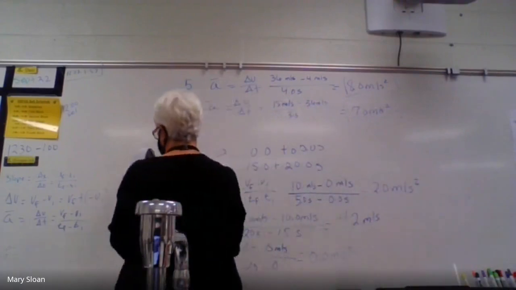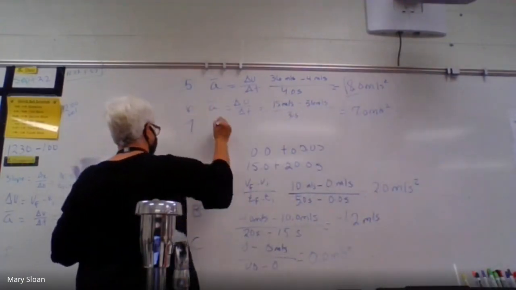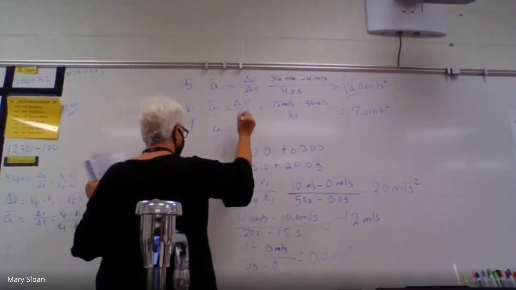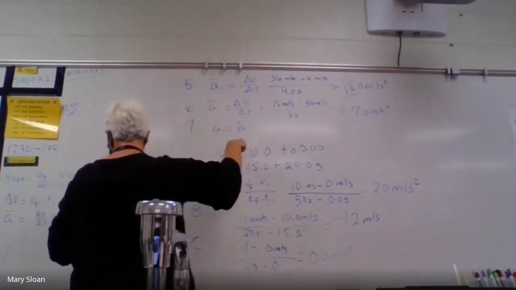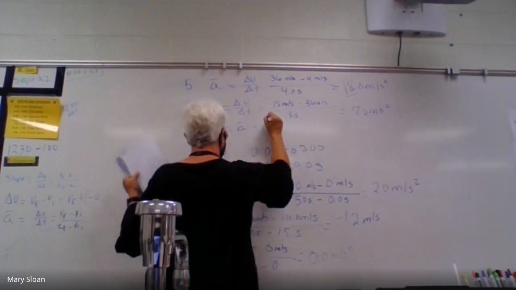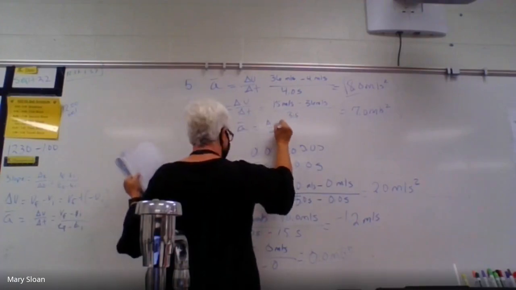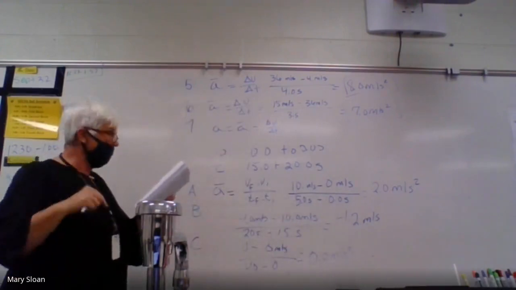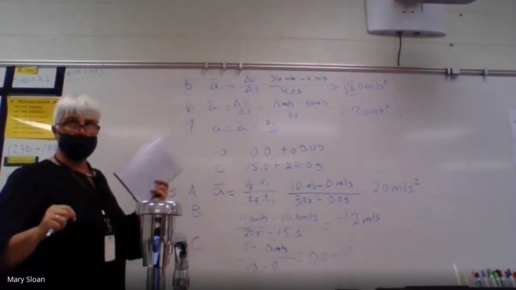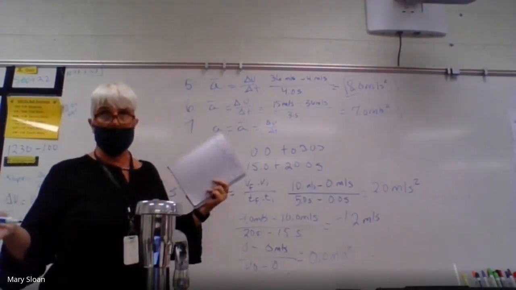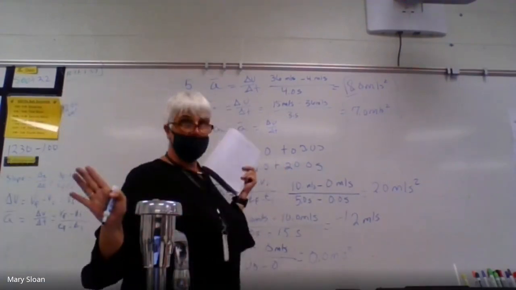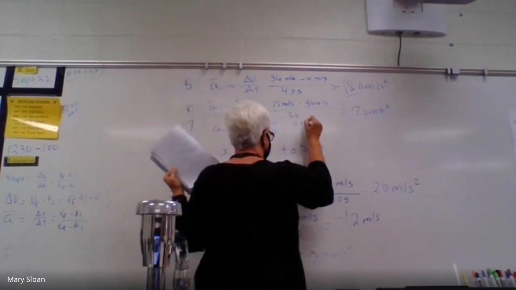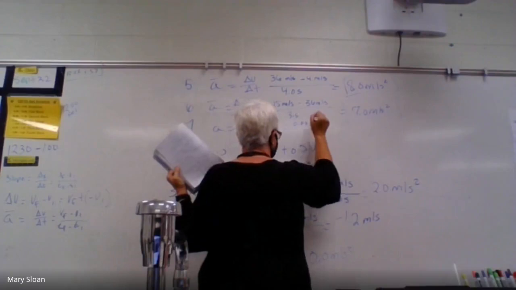So, we're trying to find a, which is average acceleration, the change in velocity over change in time. Same formula. So what is my change in velocity for number 7? He comes to a stop, doesn't he? And so my final velocity is 0 because he came to a stop, and I'm going to subtract my initial.